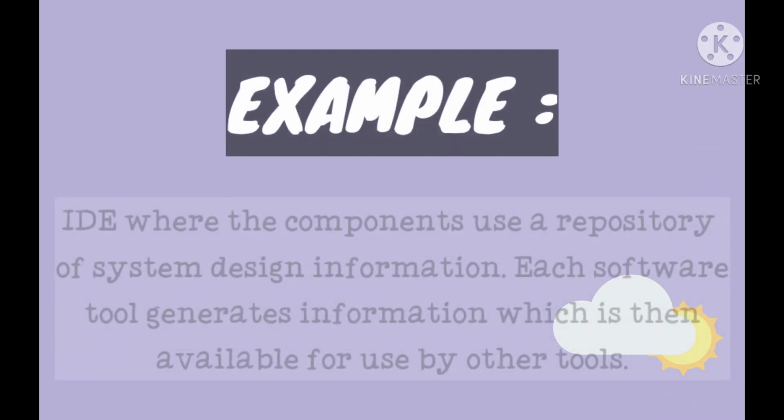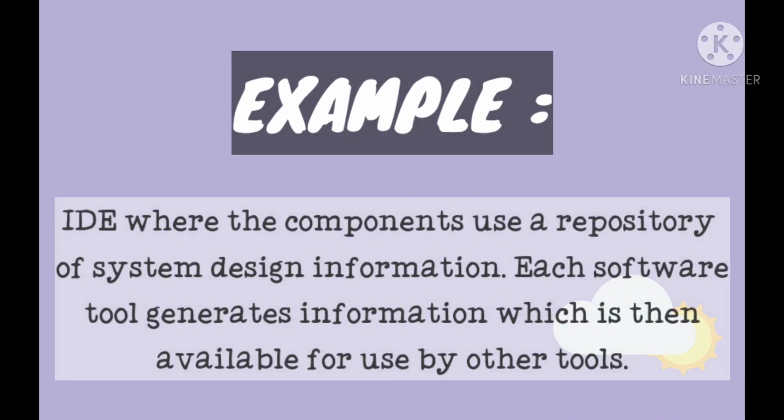An example of repository architecture is an IDE where the components use a repository of system design information. Each software tool generates information which is then available for use by other tools.